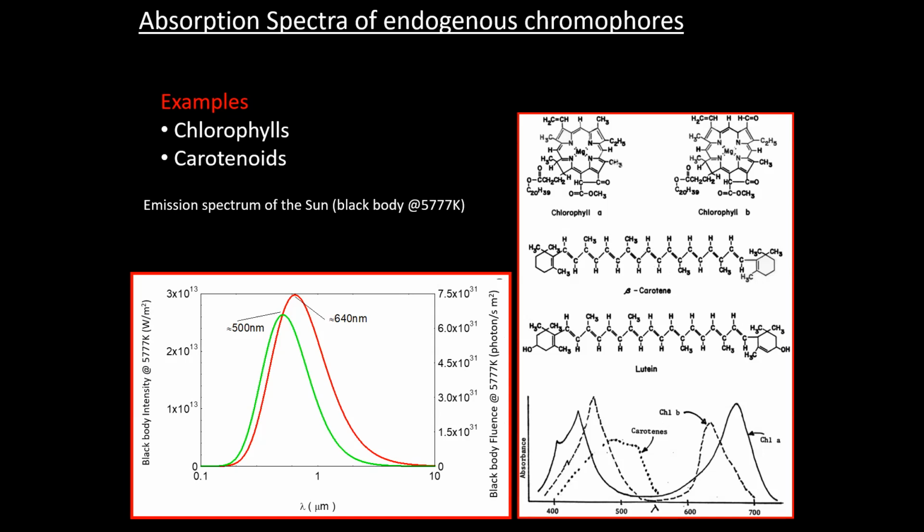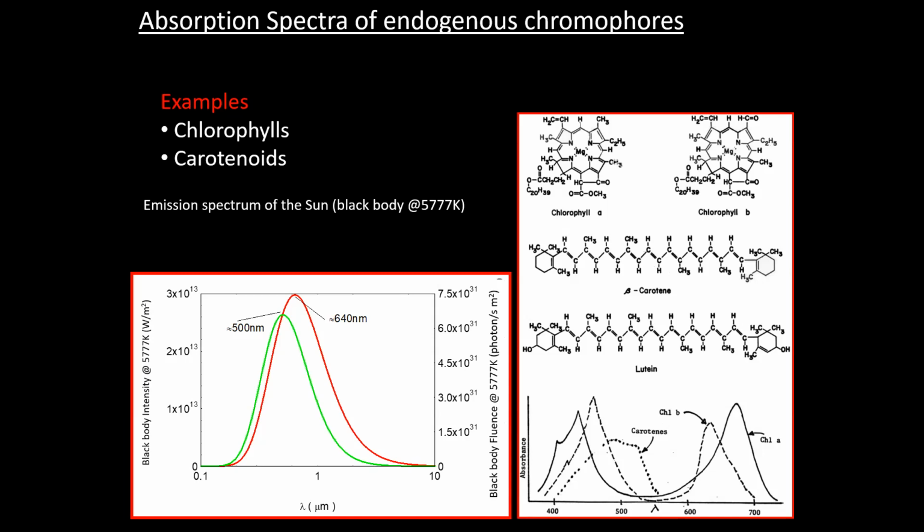Where is the absorbance of the chlorophylls maximum? Around 640, 650 nanometers. And why is it maximum there? Because the absorption process is a quantum process.